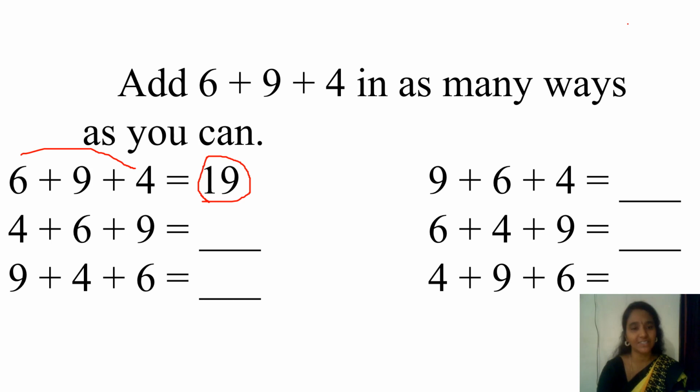See, here 6 came first in the first one. In the second one 6 came in the middle, like that. You can change the numbers in any way and the sum will be the same. Now you do the answer for all these additions and let me know whether the answer is 19 or not. Do practice, okay?